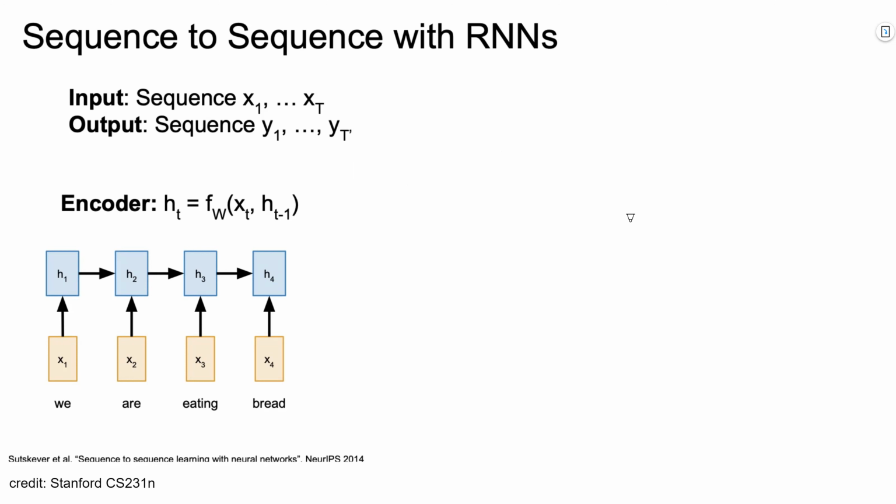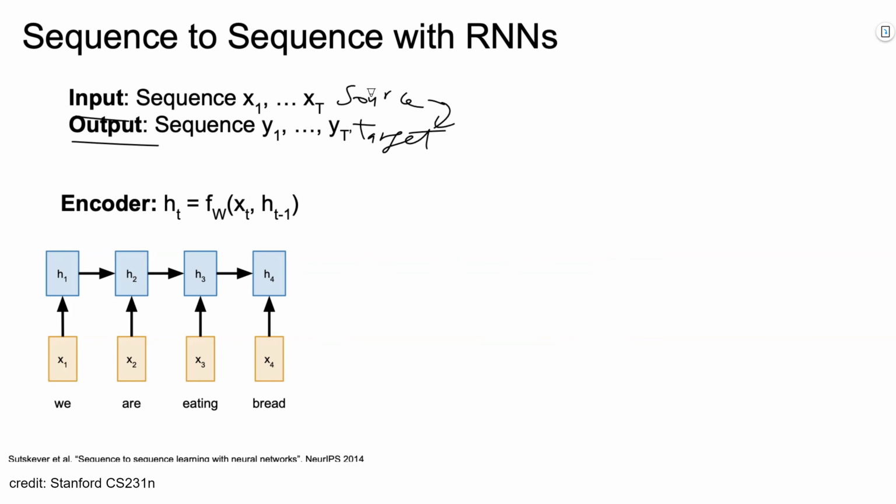Okay, sequence to sequence with RNNs looks like this. The input is a sequence and the output is also a sequence. For example, the input is the source sentence and the output is the target sentence. And what we want to do is convert the source input into the target output.